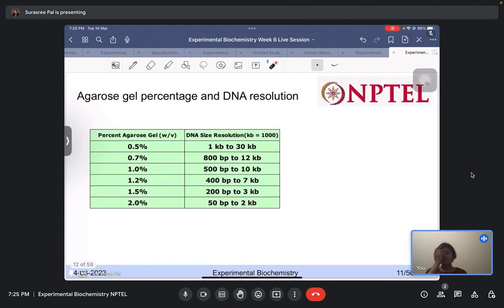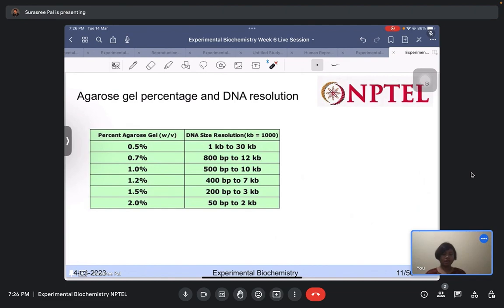Now the agarose gel percentage and the DNA resolution can be controlled very carefully. Here we can see a chart of the agarose gel percent and the DNA size resolution. If the agarose gel has a percentage of 0.5%, then it can resolve approximately from 1 kilobase pair to 30 kilobase pairs of DNA.